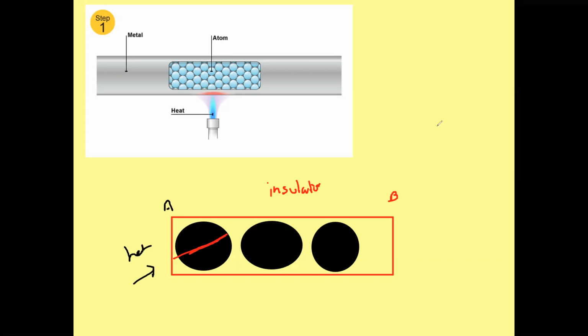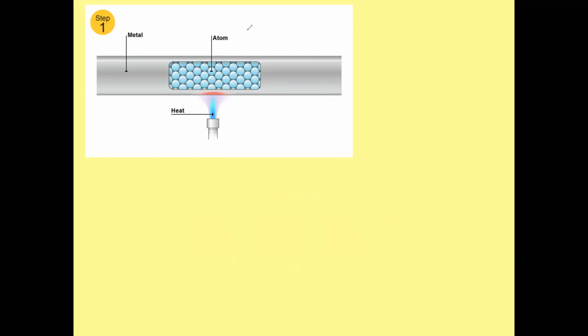Metal transfers heat energy by vibration of the lattice as well as movement of the free electrons.